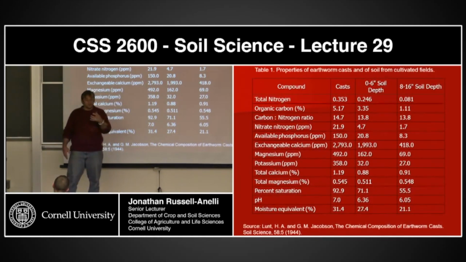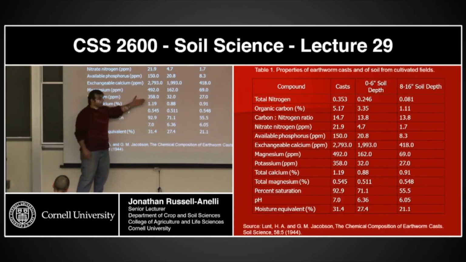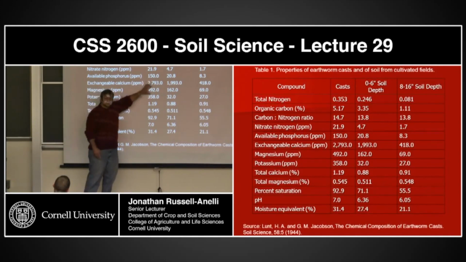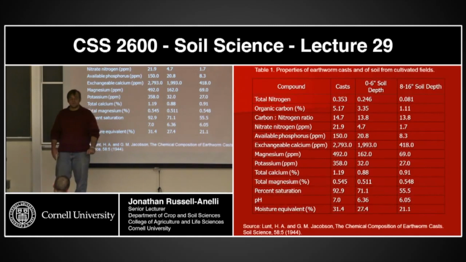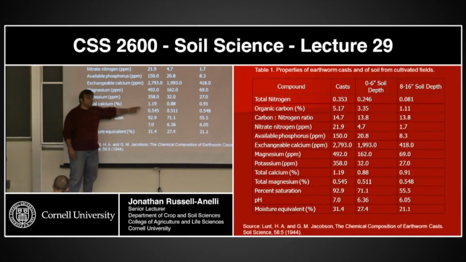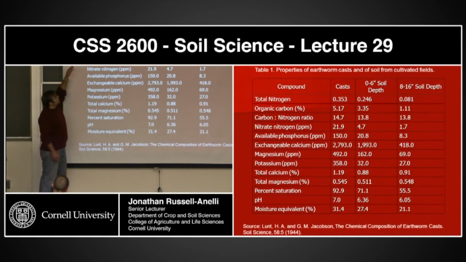Now, we're talking about microbial populations. These casts are not very big, but microbes are pretty small as well. So where is a lot of the nutrient cycling occurring? These basically are acting as fertilizer pellets. So we look at total nitrogen.